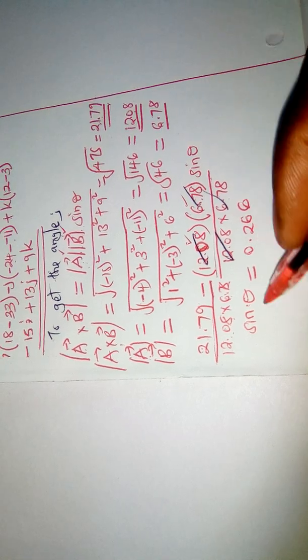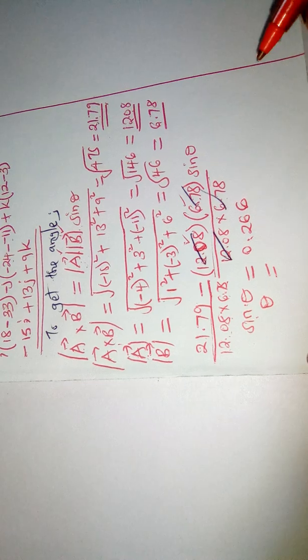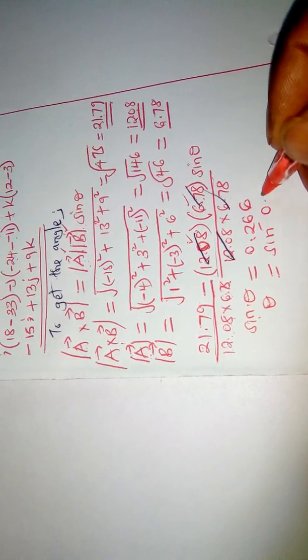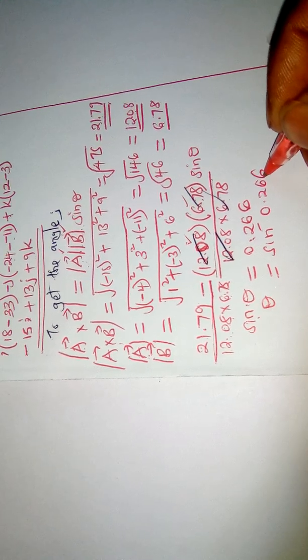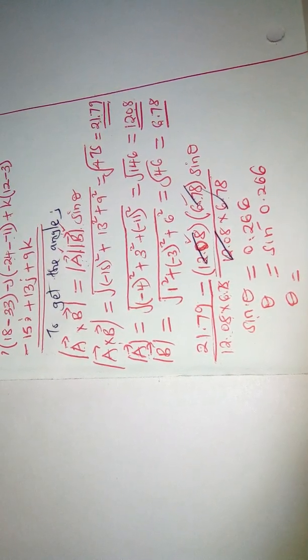After getting this, I need to get theta. So theta is just the sine inverse of the result. So just write sine inverse of 0.266.